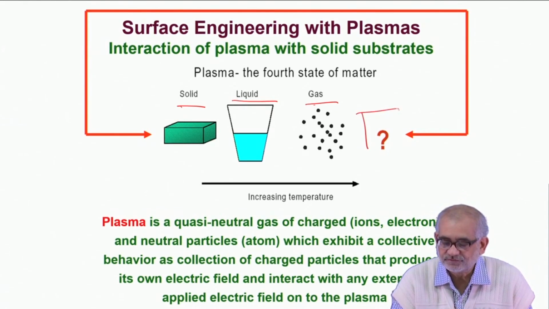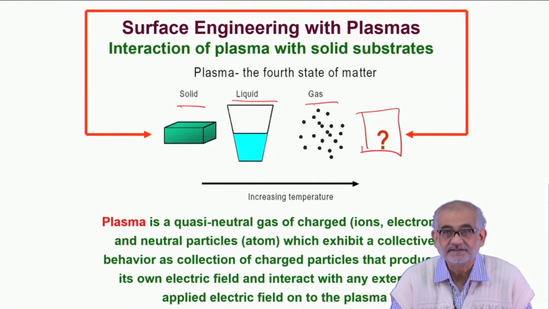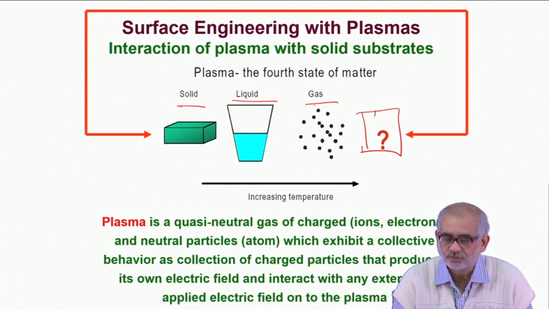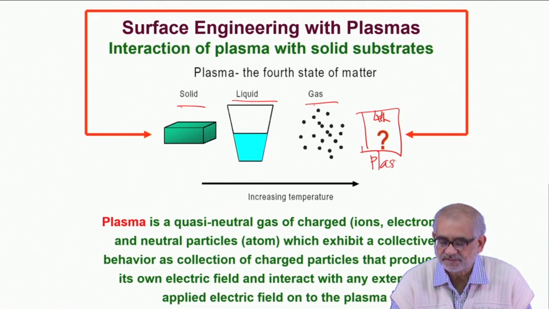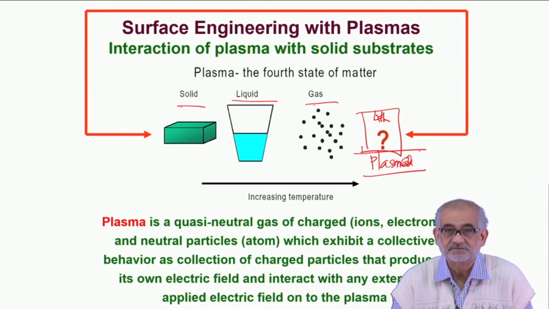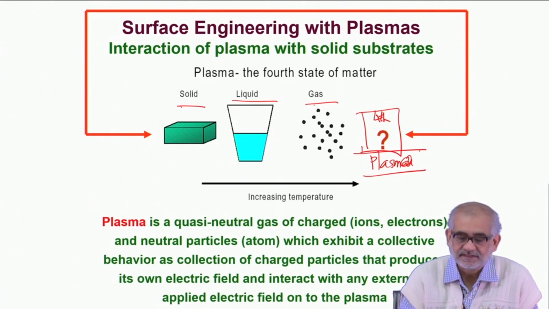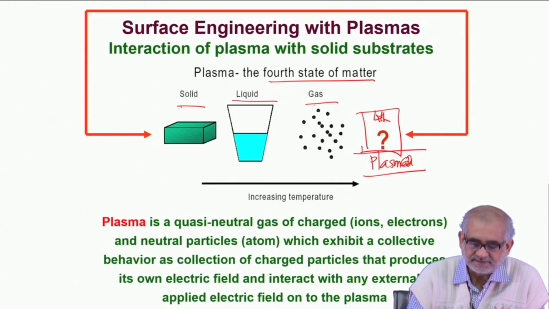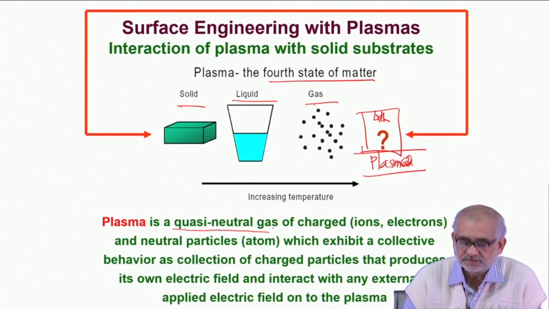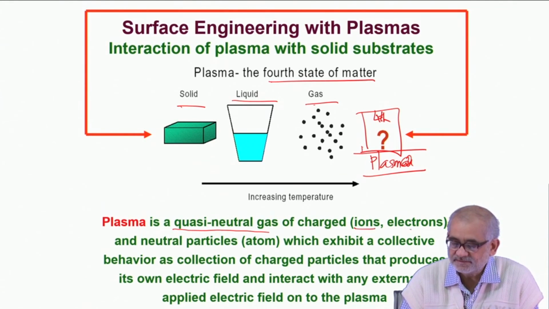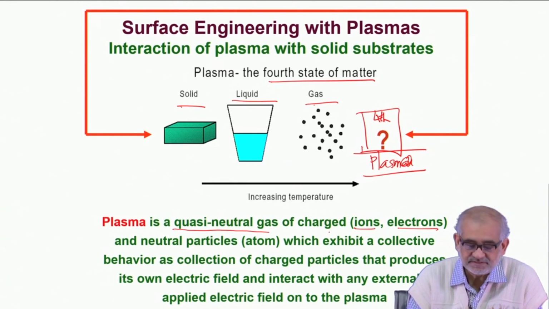But we also did hear a mention of the so-called fourth state, and that fourth state is called the plasma state. This fourth state is not an equilibrium state, it is a metastable state, and it comprises a quasi-neutral combination of the ions, the electrons, the charged species, and also the neutral particles, the atoms.